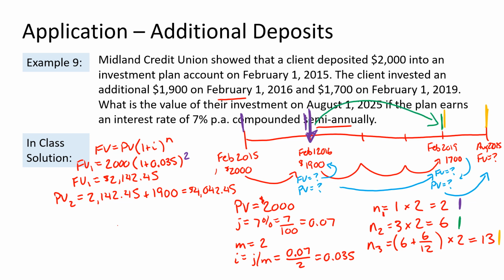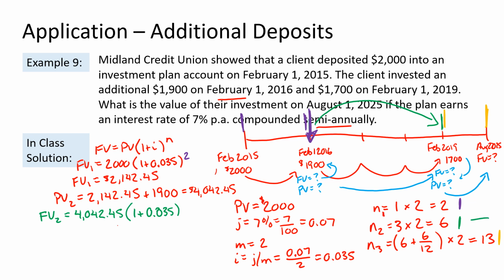Now we can do our second calculation to take that amount of money and translate it to our next period where we add money, February 2019. Our future value is equal to our present value, $4,042.45, times 1 plus, again, our periodic interest rate, which did not change, 0.035. But our total number of compounding periods changed.